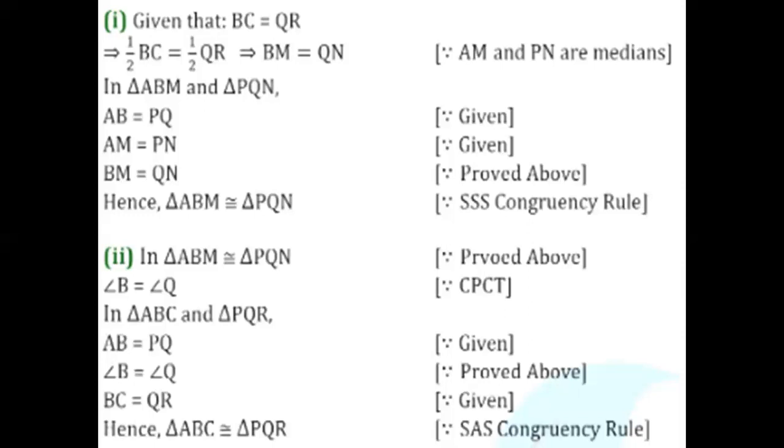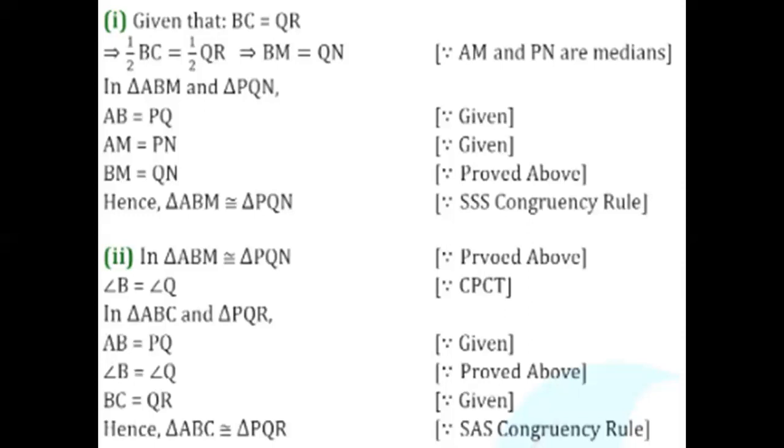And we just proved that BM is equal to QN. So with these three, that is AB is equal to PQ, AM is equal to PN, and BM is equal to QN, I can easily state that triangle ABM is congruent to triangle PQN by SSS congruency rule. Let's quickly get to the second part of question number 3.